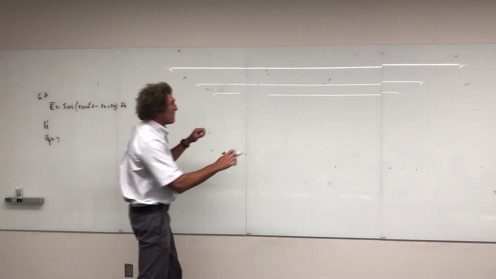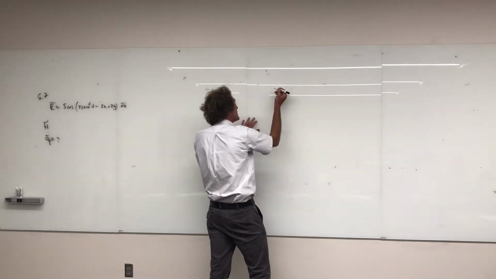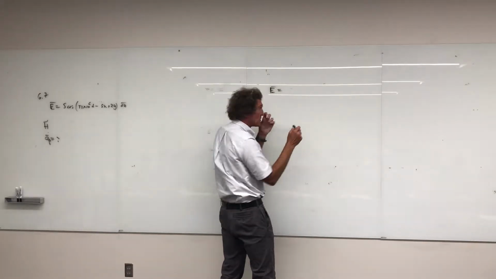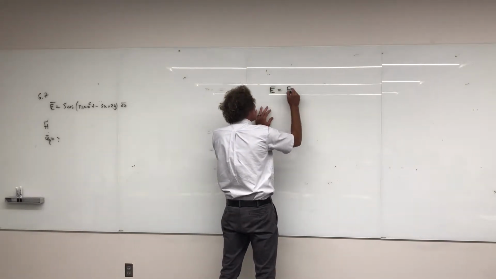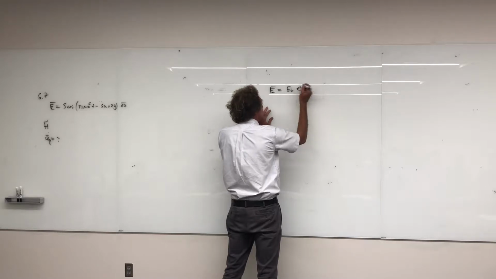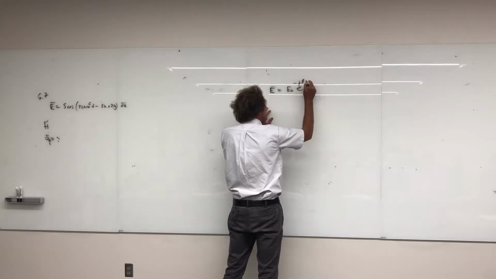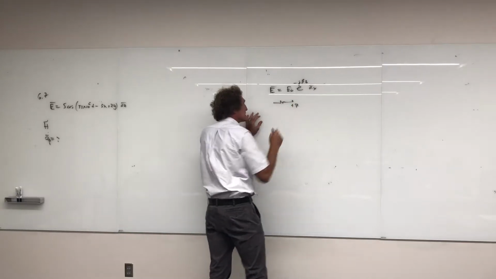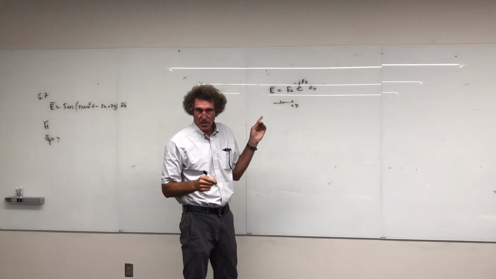Now, when we talk about power flow, in general, let me do it this way. I'm going to say E, the way we've been dealing with it, has some magnitude E naught, and in the phasor domain, it's e to the minus j beta z ax. It's a standard plane wave propagating in the plus z direction. That's the phasor form, right?